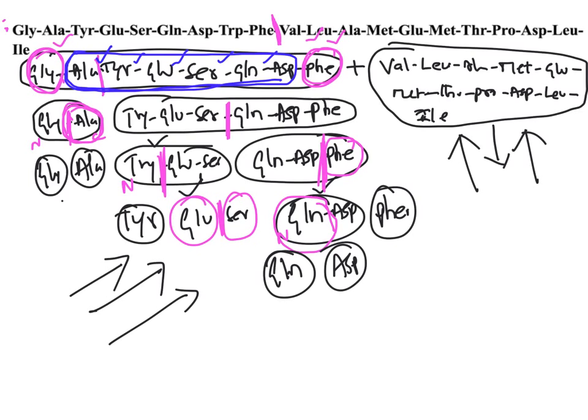Carboxypeptidase B will act on lysine and arginine if they are present at the carboxy terminus. Now the endopeptidases: trypsin acts on lysine and arginine, starting from the second peptide bond and almost towards the last but one peptide bond.